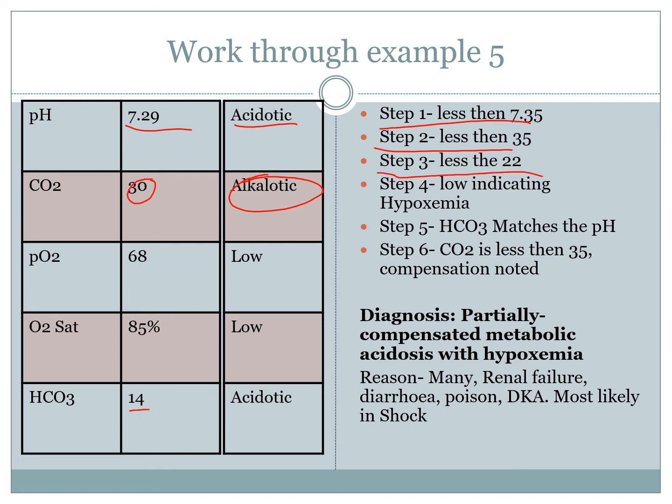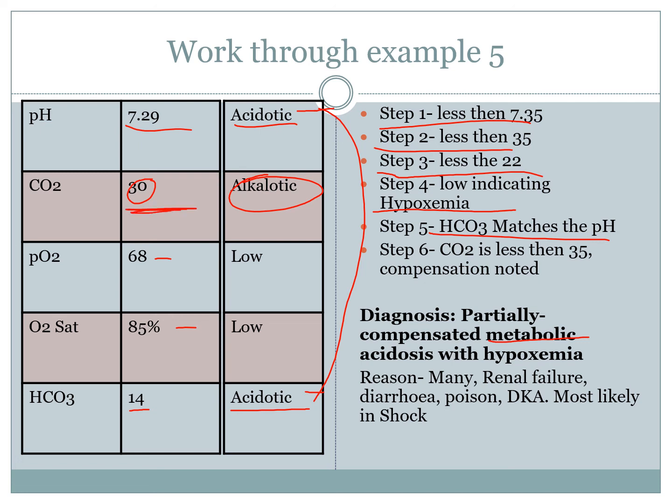Their PO2 and SpO2 are low, meaning they have signs of hypoxemia. Now in this case, we need to look carefully. The pH and the bicarbonate match, therefore this is a metabolic disorder. When you look at the CO2, less than 35, you are showing signs of compensation.